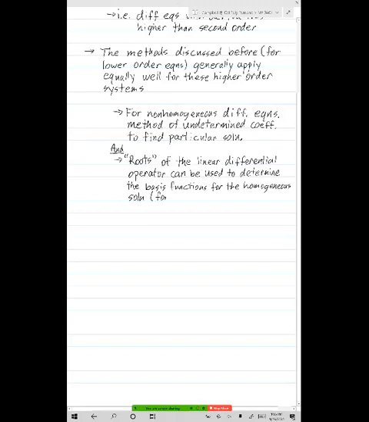Again, assuming linear time invariant, i.e. LTI, equations.